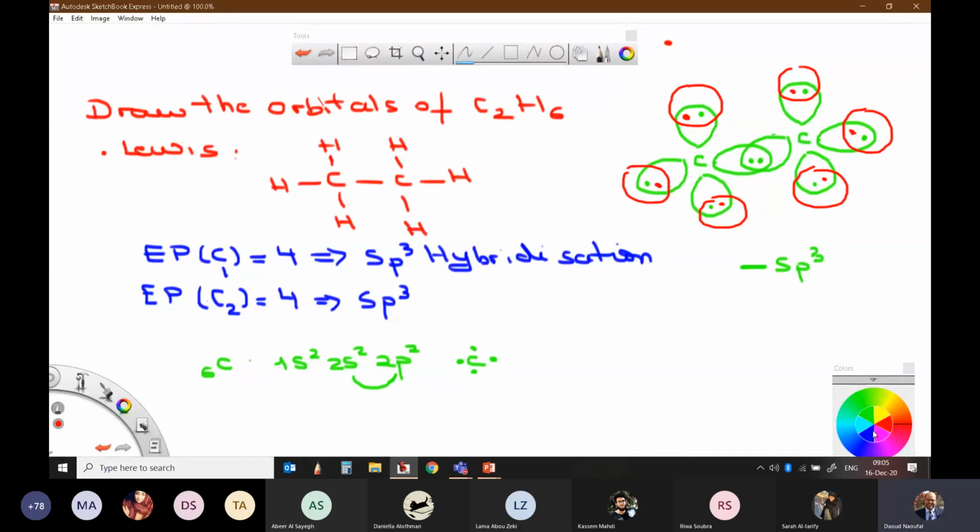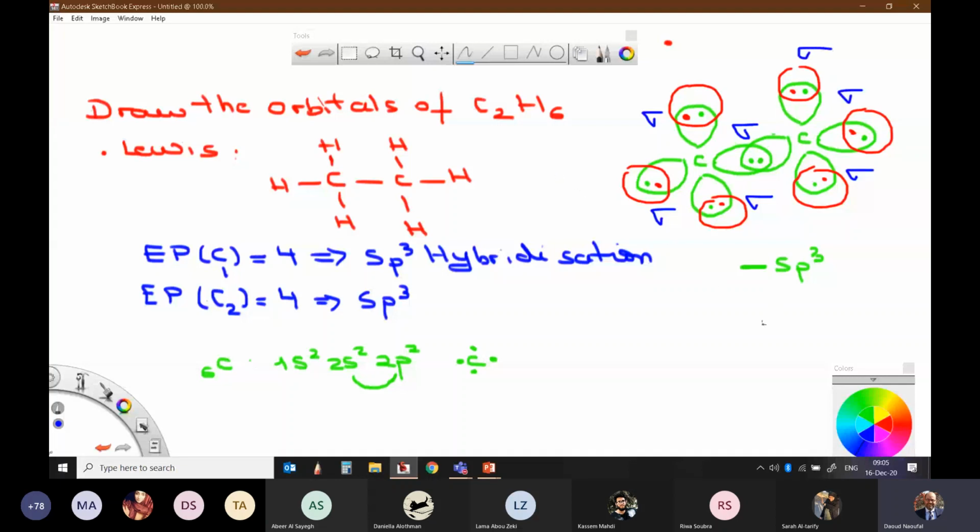What are the types of bond? This is a bond between sp3 and sp3 along the axis. So this is a sigma bond. This is a bond between sp3 and s along the axis. So this is another sigma, sigma, sigma, sigma, sigma, and sigma bond.